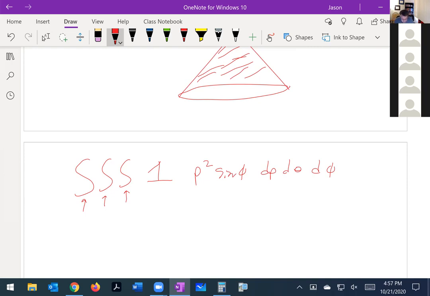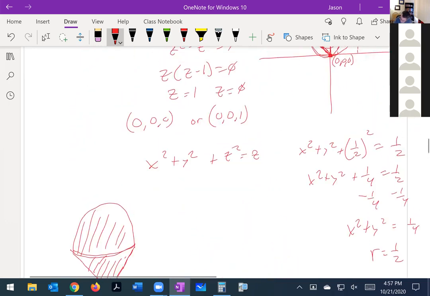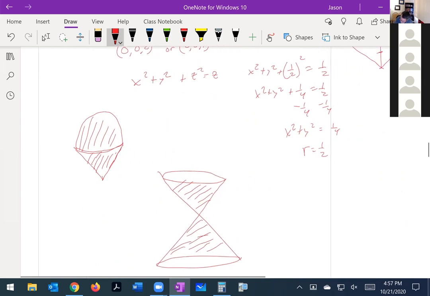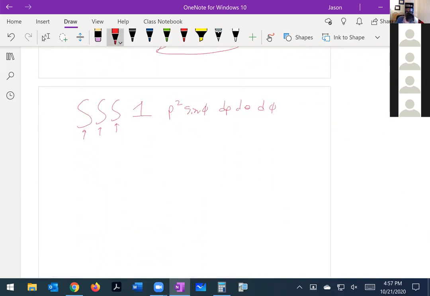So how are we going to figure out rho here? We have this cone. So we have the sphere. Let me draw it again. Okay, we have the sphere, and then we have a cone inside the sphere.